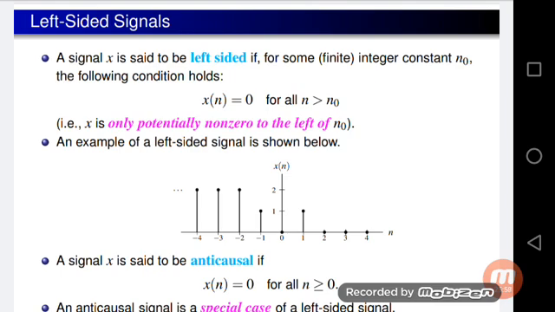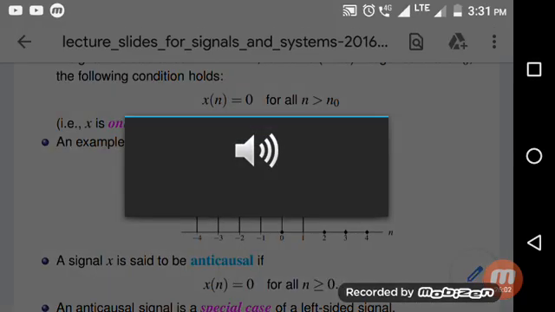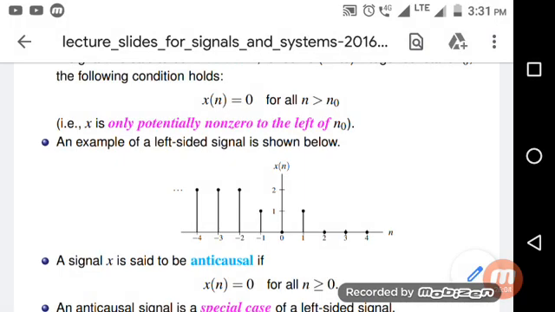That means it performs exactly the reverse operation of right-sided signals. Right-sided signals move from left to right, and left-sided signals move from right to left. So both are opposite performances, used to propagate data information from one place to another place.